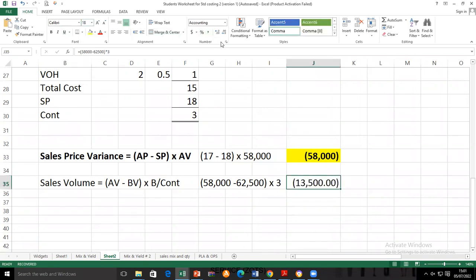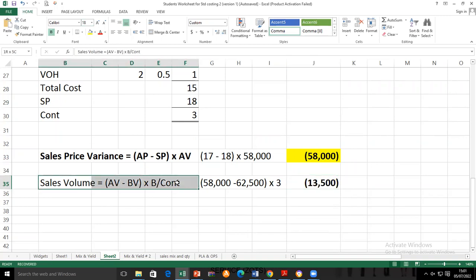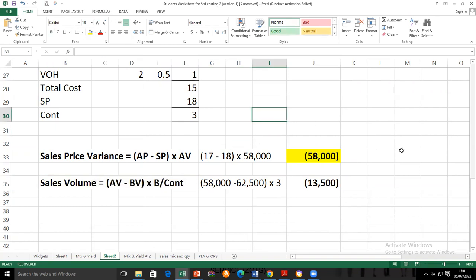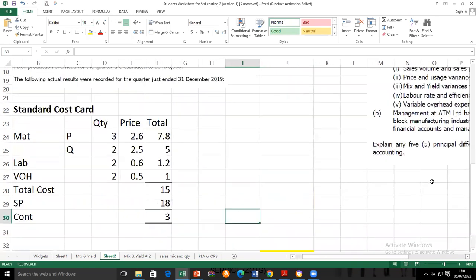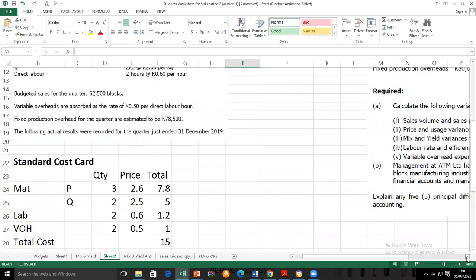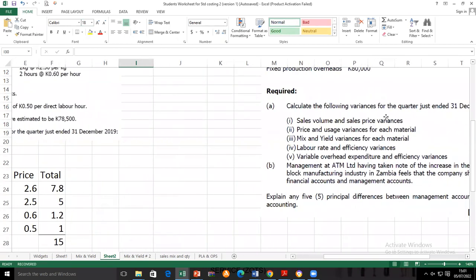That's the sales volume variance. Okay. So the question was sales volume and sales price.